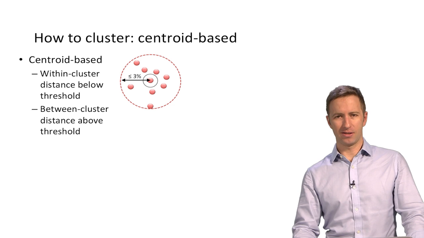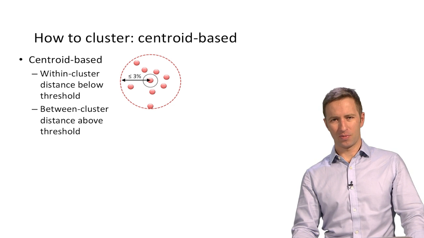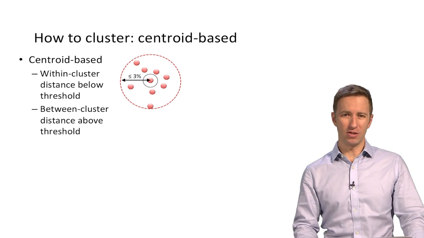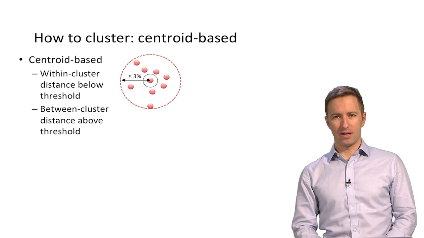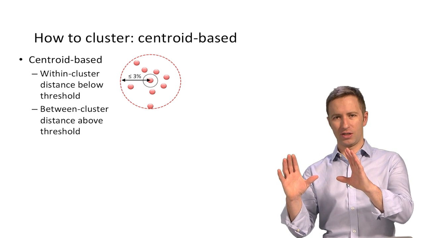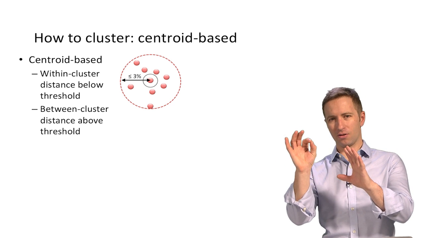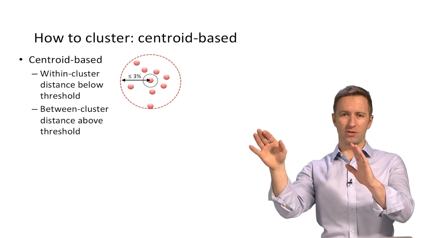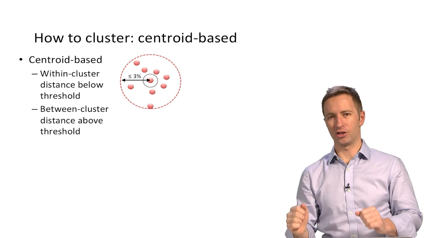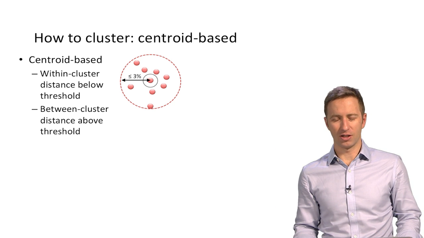The first type of clustering that we'll talk about is centroid-based. This is a common approach in OTU picking. It's used by Uclust, which we'll talk about later. And the requirement here is that within each cluster of sequences, when you pick a single centroid sequence, all of the rest of the sequences should be within a certain amount of variation of that centroid.